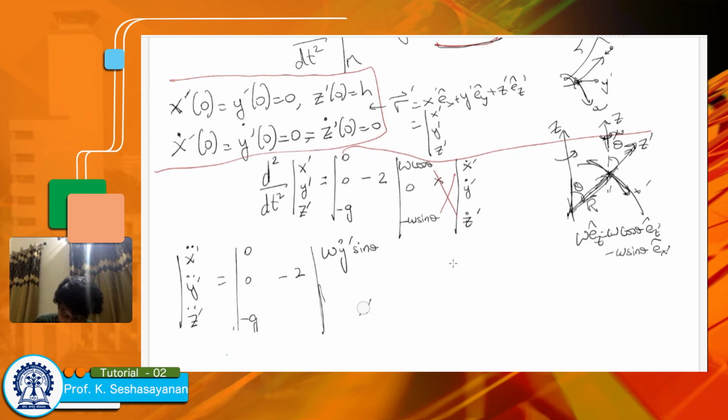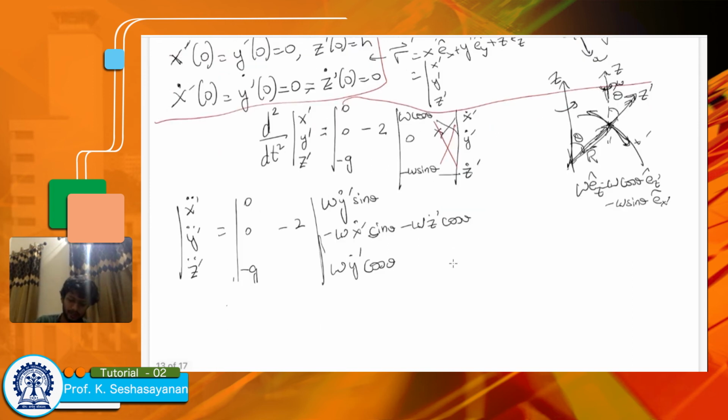This is the second row: minus omega x prime dot sin theta minus omega z prime dot cos theta. For the last row, this times this minus this times this, to get omega y prime dot cos theta.